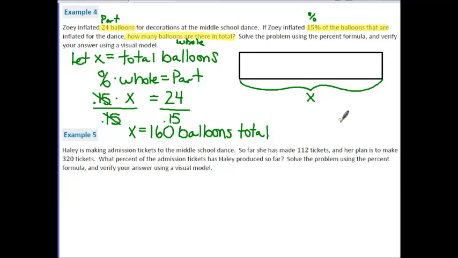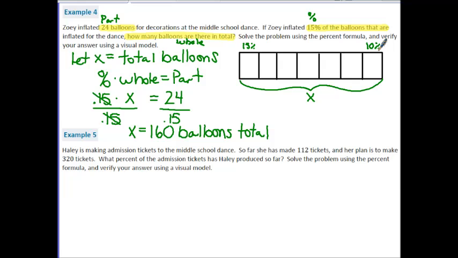So if we do 100 divided by 15, we get a whole number of 6 with a remainder. So I'm going to first start by breaking this up into 6 pieces to represent 15% each. So each one of these is going to represent 15%. And if I add those all up, what I end up with is 90%. And so this last one here is going to represent 10%.